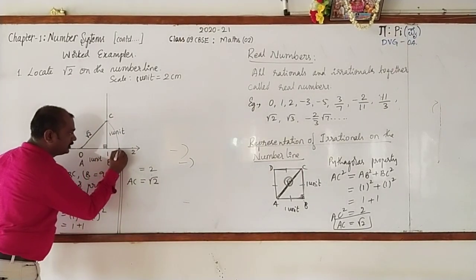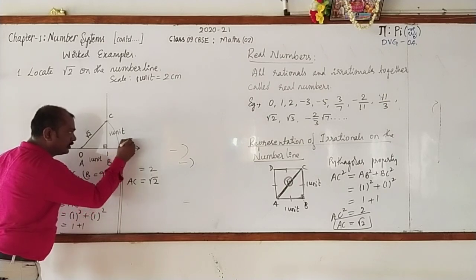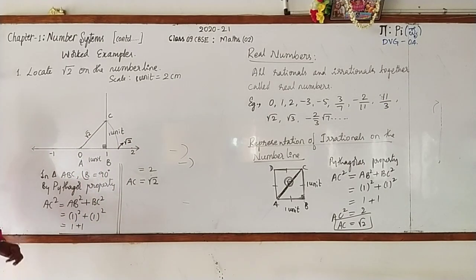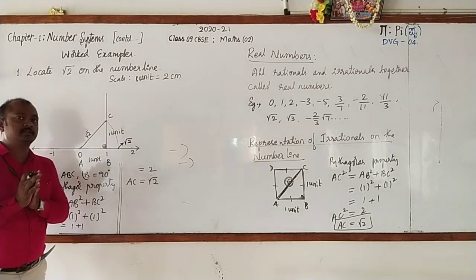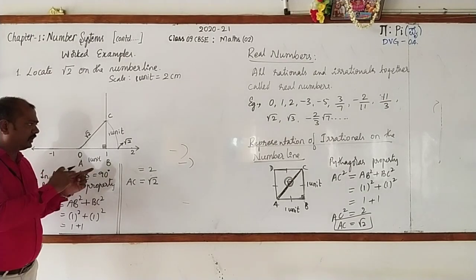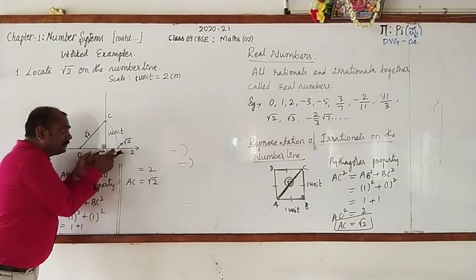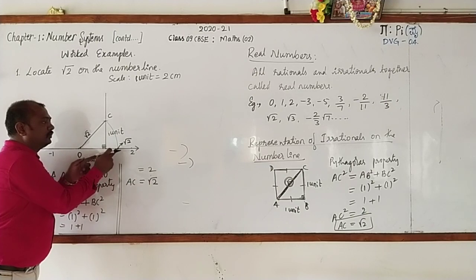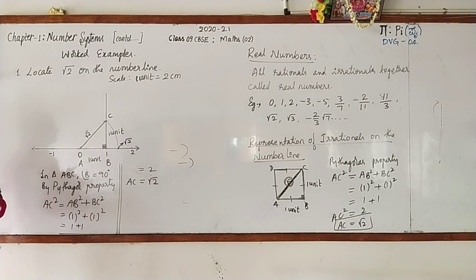Mark this point. This point is root 2. We know that the value of root 2 is 1.1414. Like this it is continued and it lies between 1 and 2. So root 2 is exactly in between 1 and 2.